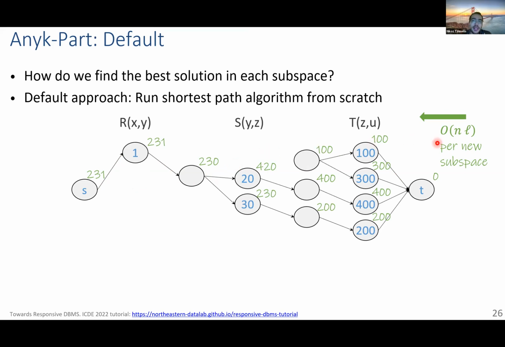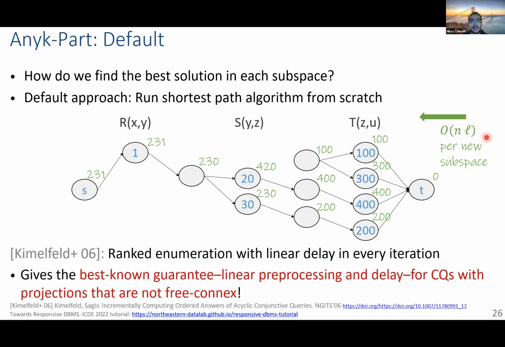This will take linear time, n times L, every time you do it, so it gives a linear delay in every iteration. That's actually the first algorithm that was proposed for ranked enumeration of conjunctive queries.